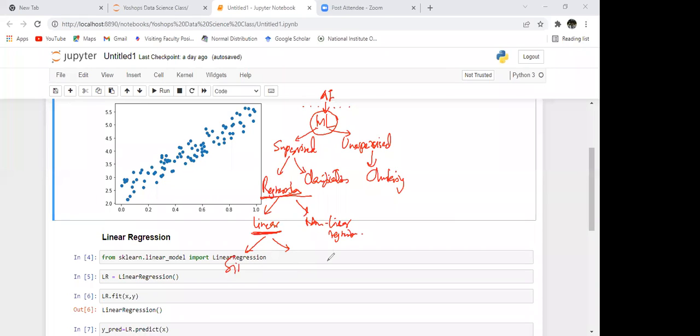Simple linear regression is the condition where you have one dependent variable and one independent variable, right? And multiple linear regression means we have one dependent variable and more than 2 independent variables. This situation calls for multiple linear regression and this one for simple linear regression.